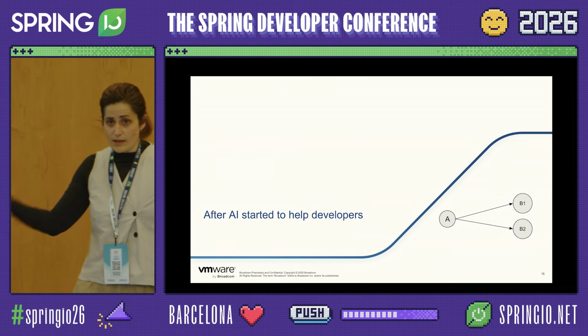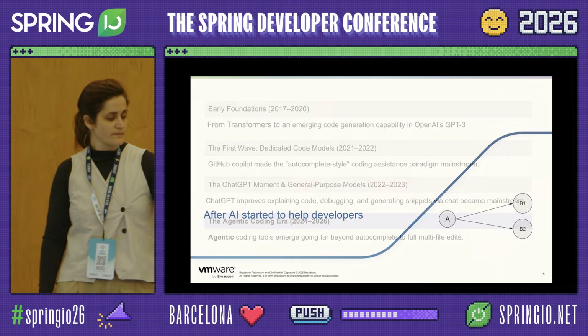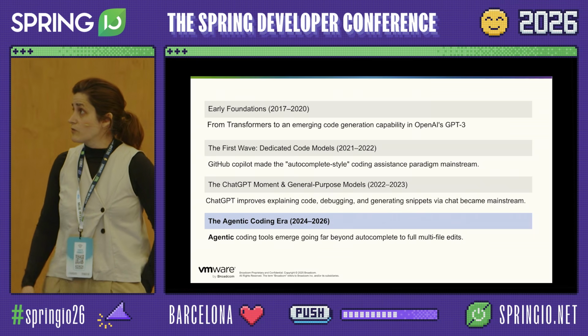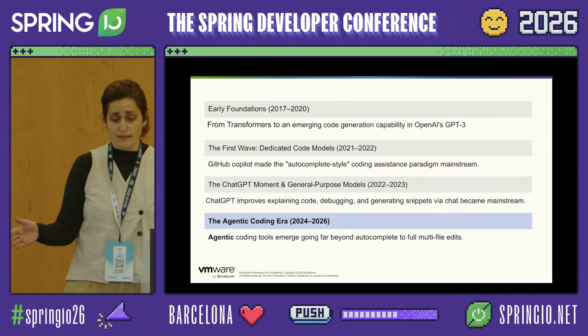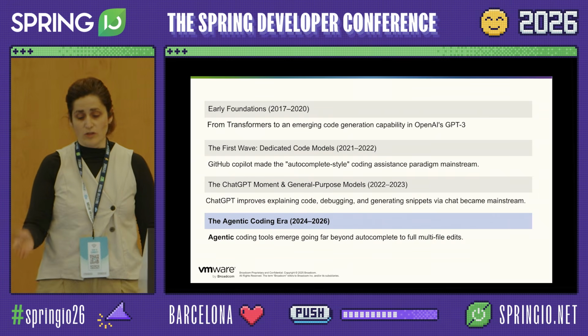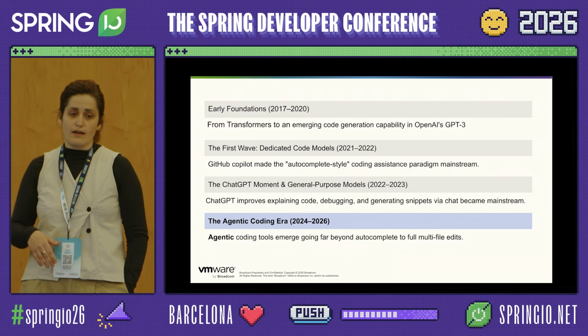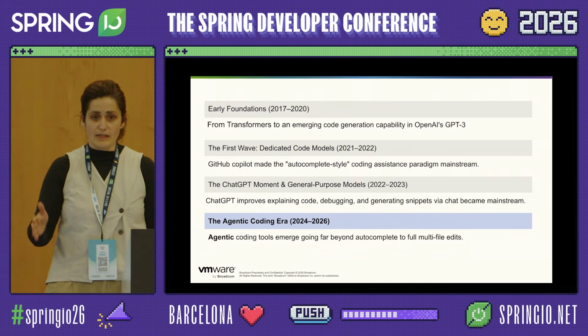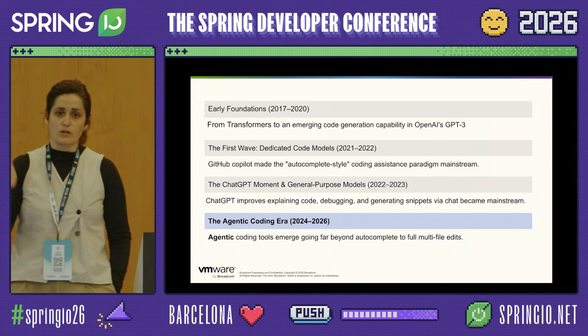So then AI appeared, right? And this is basically what we have seen so far. At the very beginning, 2017, the first paper of transformers was published, and we have a first emerging model, the OpenAI GPT-3, that was about code generation.